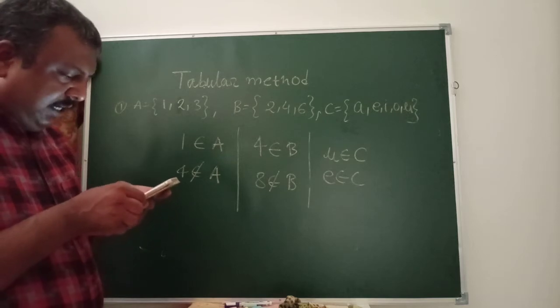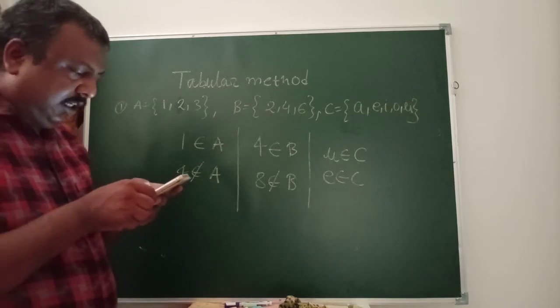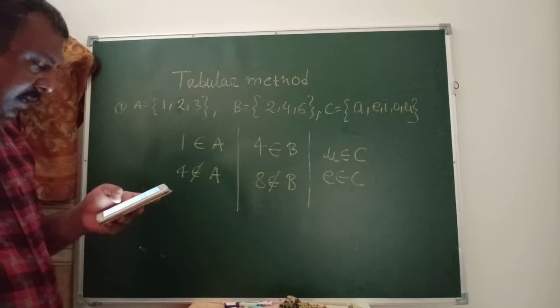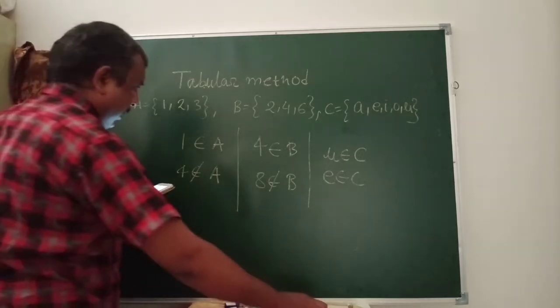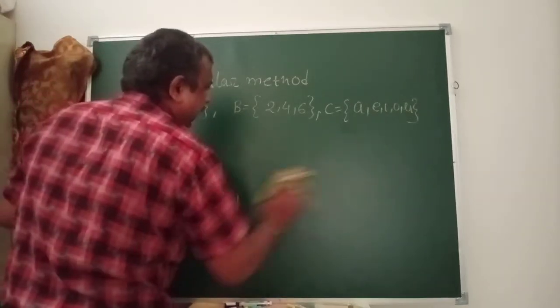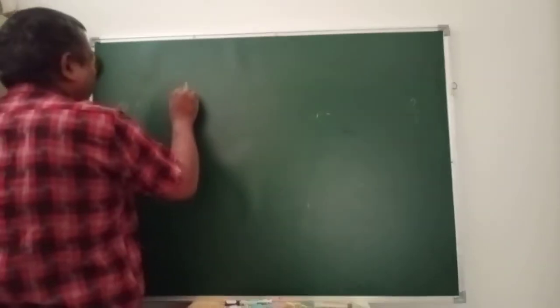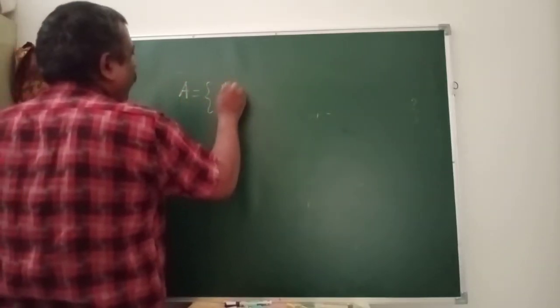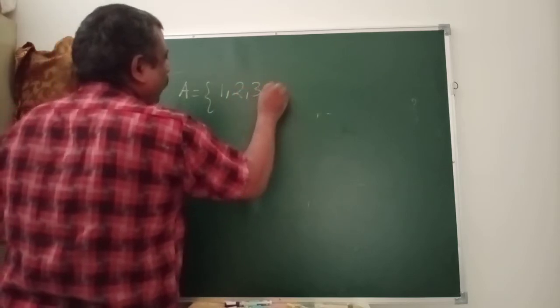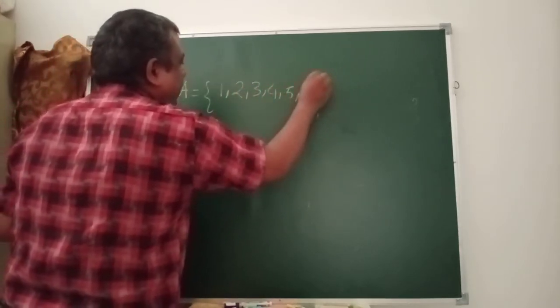Question number 2 is about the collection of natural numbers which are less than 7, है ना. A is the collection. A is equal to 1, 2, 3, 4, 5, 6.